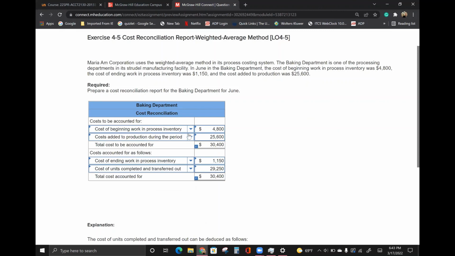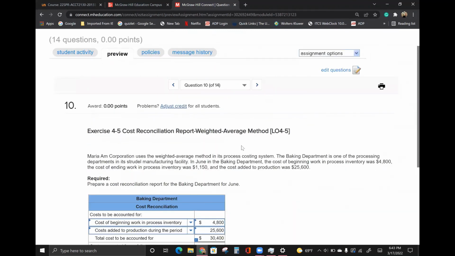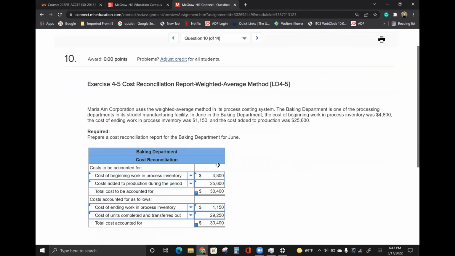So we have the cost at the beginning work in process, which is given to us right here, $4,800. And then we have the cost that was added, $25,600. So the total production cost is $30,400. We're just adding those two together. And then we want to look at the ending work in process. It tells us the ending work in process is $1,150. And then the cost of units completed and transferred out.